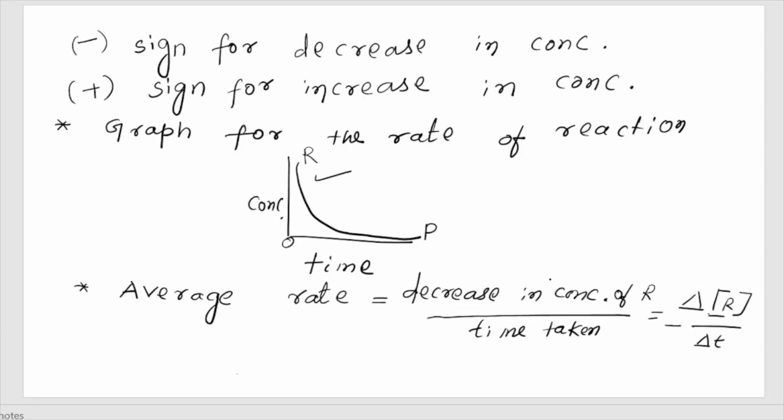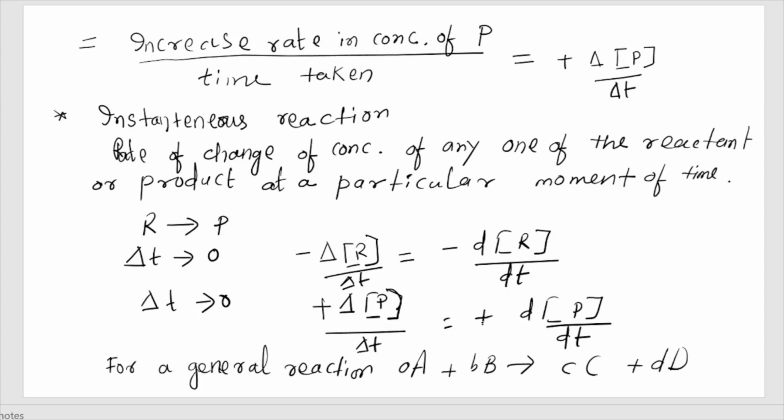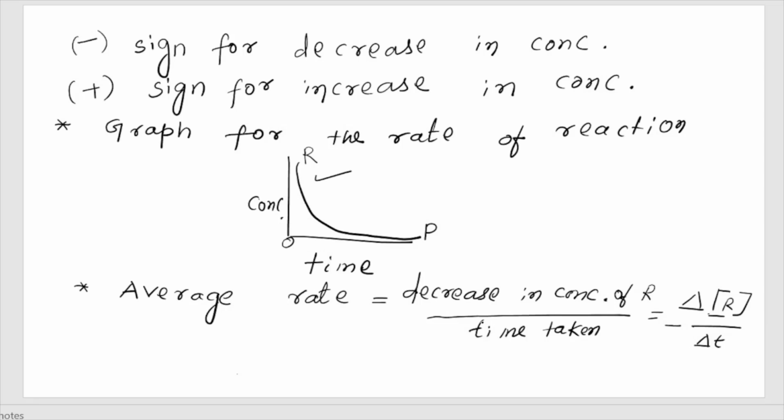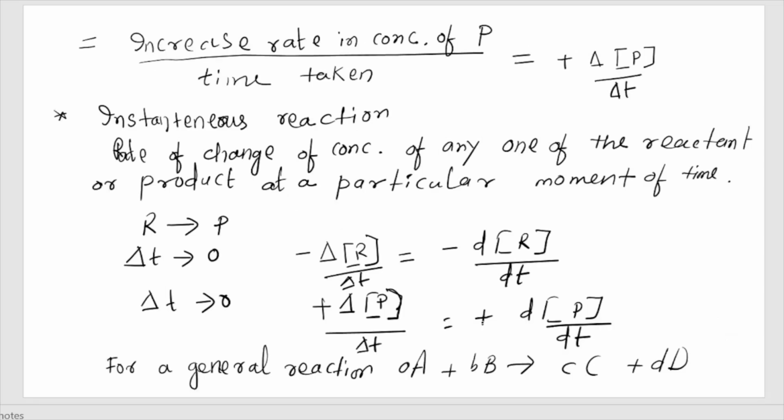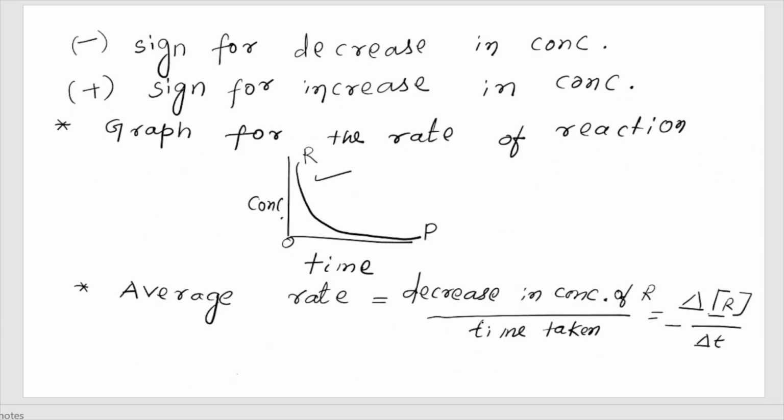So it is the decrease in concentration of R over the time taken, and similarly the increase in concentration of P over the time taken. That is the increase in concentration of P and the decrease in concentration of R.